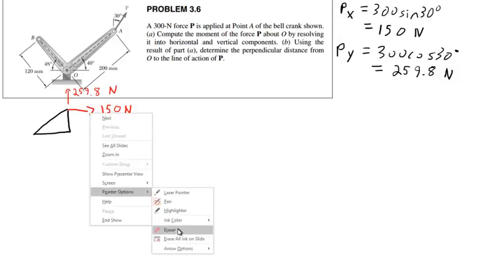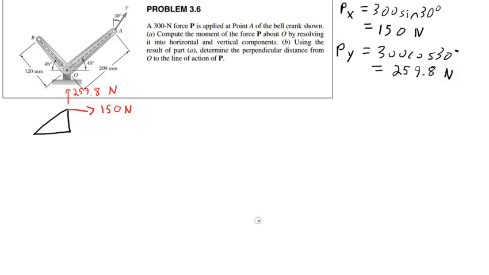Now, this angle here is, of course, 40 degrees. And I need this length here and this length here. First the hypotenuse here, this is 200 millimeters.